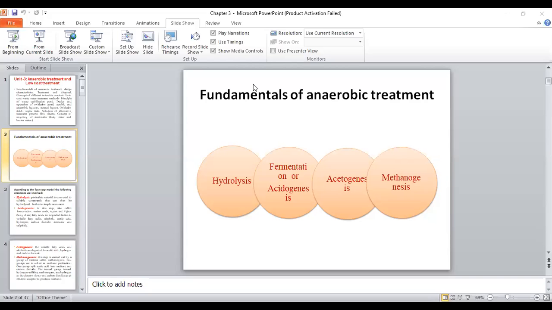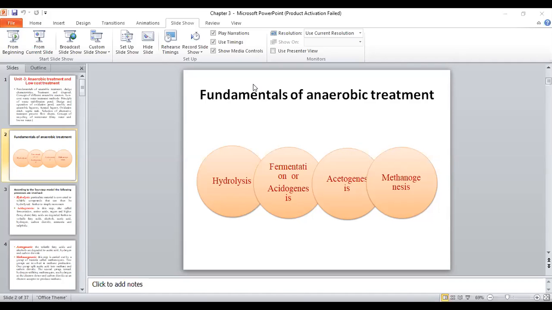Degradation will start naturally, and if it is a controlled process, whatever gases or products are produced will be used for another purpose. And if it is not a controlled system, then it cannot be used for any other purposes. Okay, so I was telling you, it is according to the 4-step model.